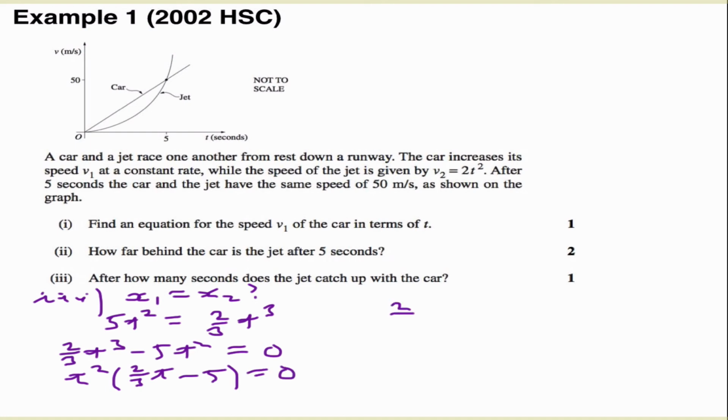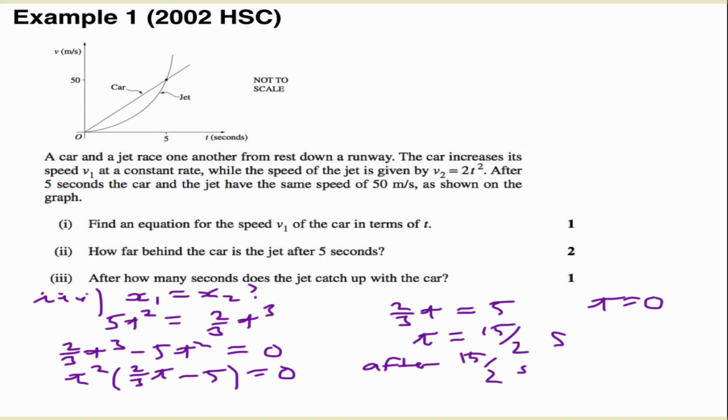So 2/3 t is equal to 5, or t is equal to 0, which was our initial condition when they were at rest. So t is equal to 15 on 2 seconds. So after 15 on 2 seconds, the jet catches the car.